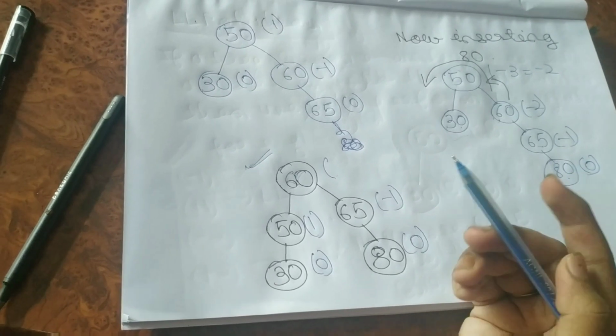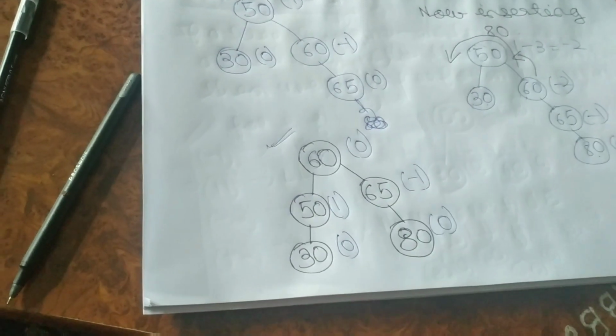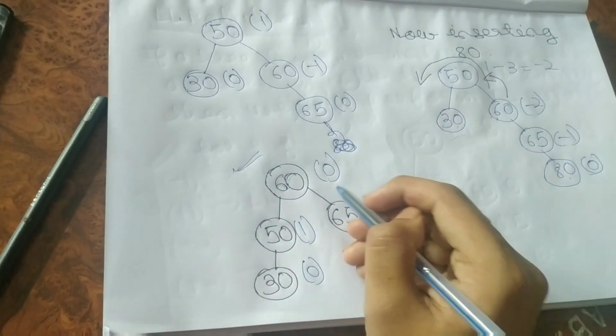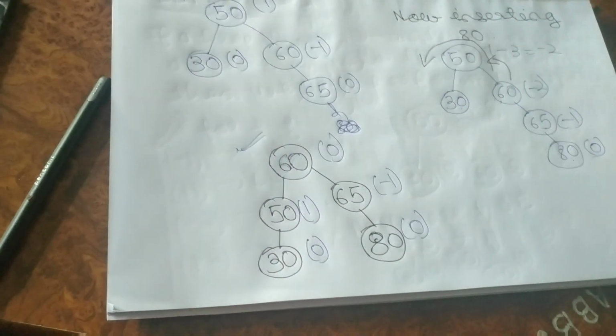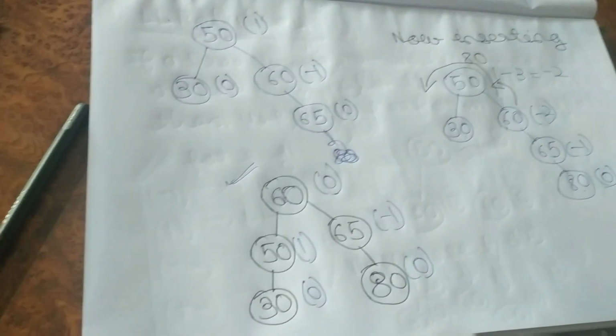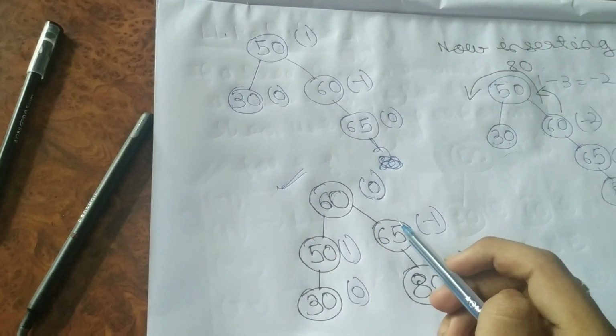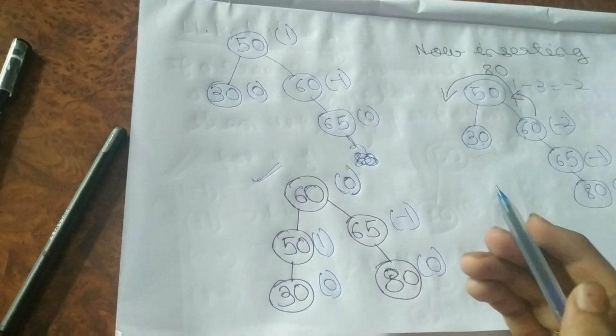So this is 0. So we can conclude that after left rotation the tree becomes balanced and it is an AVL tree.